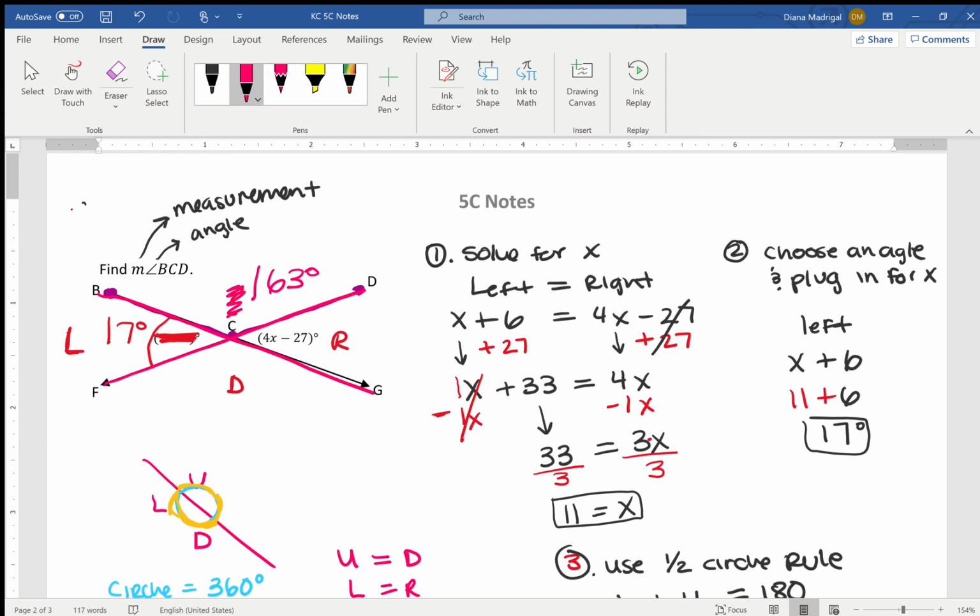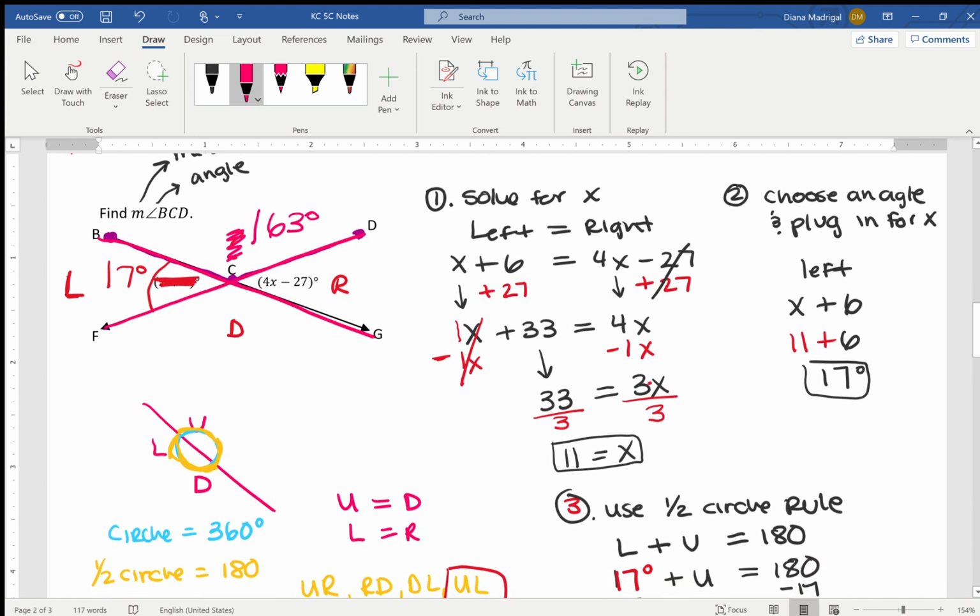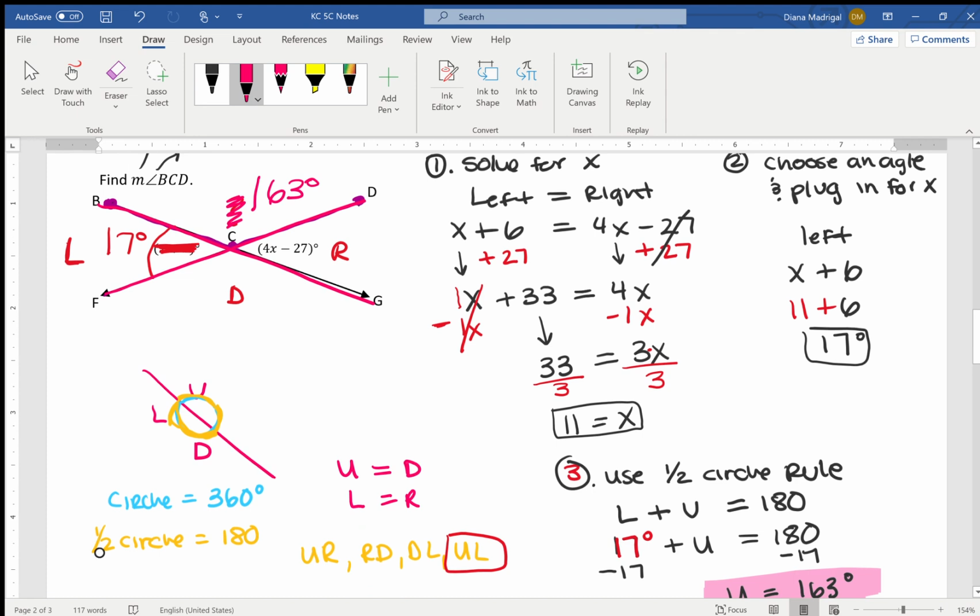Again, this problem has 3 different steps. Make sure you write this down. First one is to solve for x. How are you going to solve for x? By setting 2 angles together, left to right, and solving for it. Once you know how much is x, all you have to do is choose an angle and plug it in for x.